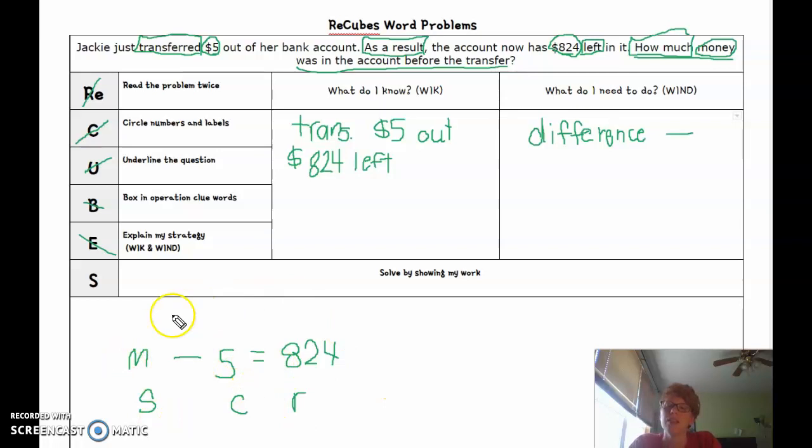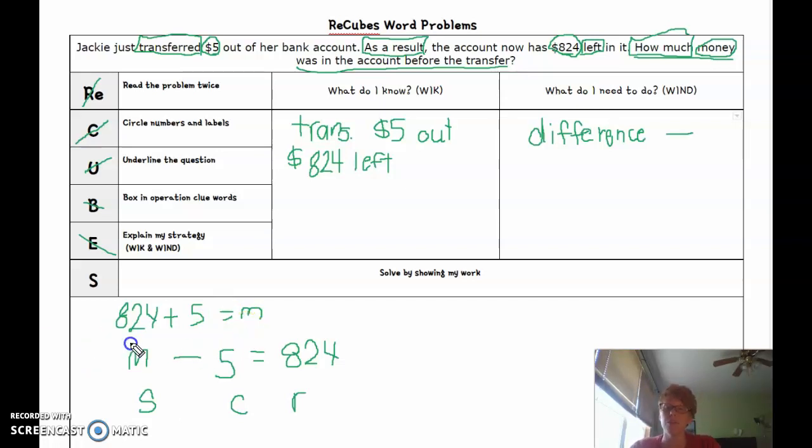Now, this is a good starting place, and this is a really good equation, but we have some random number that if we take 5 away, we'll get 824. What might be a simpler way for us to do this? Can we switch this one around? Is the opposite of subtraction addition? Yes, it is. We can rewrite this, and I want you to do this. 824 plus 5, just rewrite the sentence backwards, equals M. Equals how much money she started with.